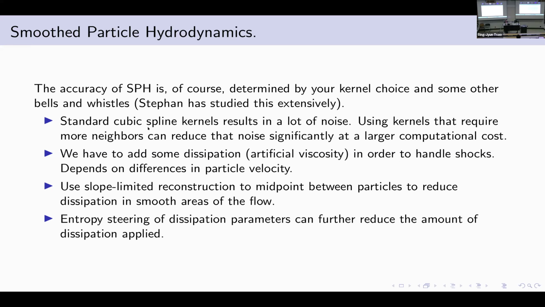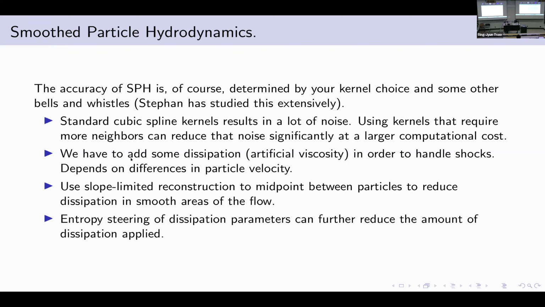Many people use standard cubic spline kernels, and they typically result in a lot of noise being generated because you only use a few neighbors, and so things can change quickly when particles are moving around. But he found that if you use kernels that require more neighbors, you can reduce the noise significantly, but of course it comes at a larger computational cost, because every time you have to sum over your neighbors, you have more neighbors to sum over.